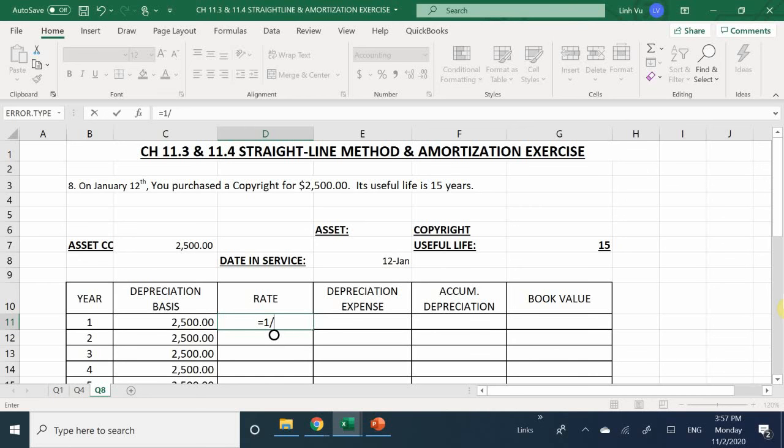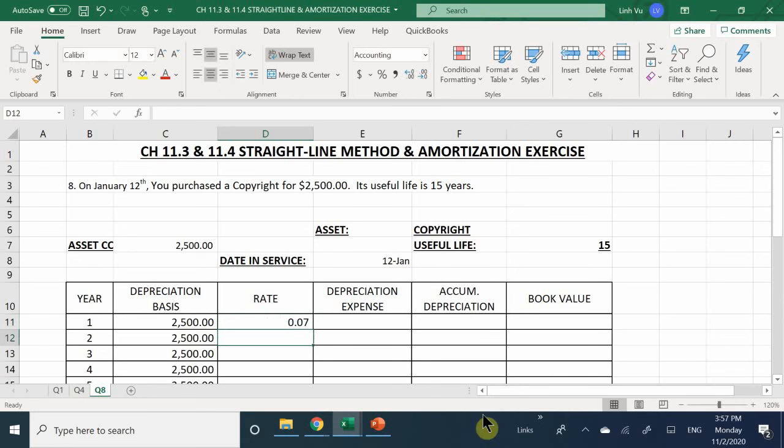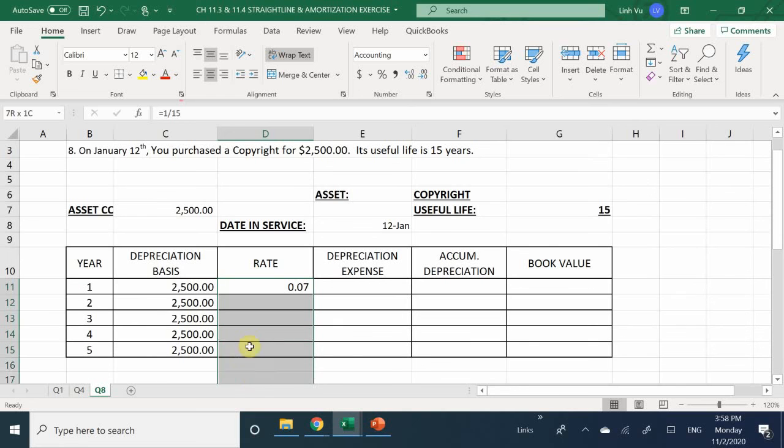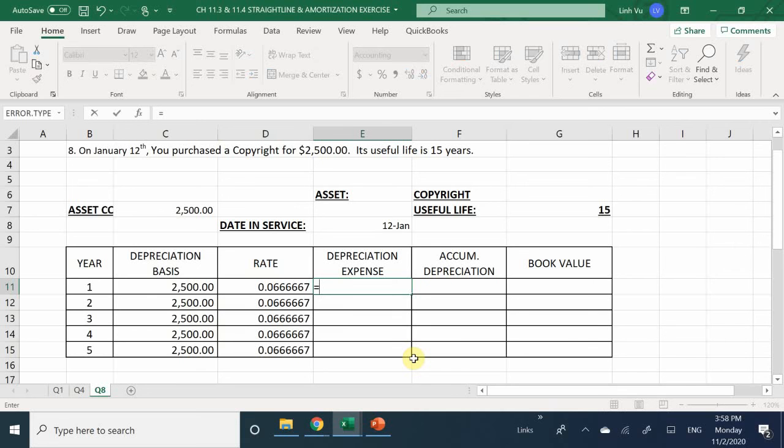Okay, so I should get 0.06666, a bunch of sixes. Yes. All right. And we know that's going to be the same for every single year. So therefore, what's my depreciation expense going to be? Okay, let's see.